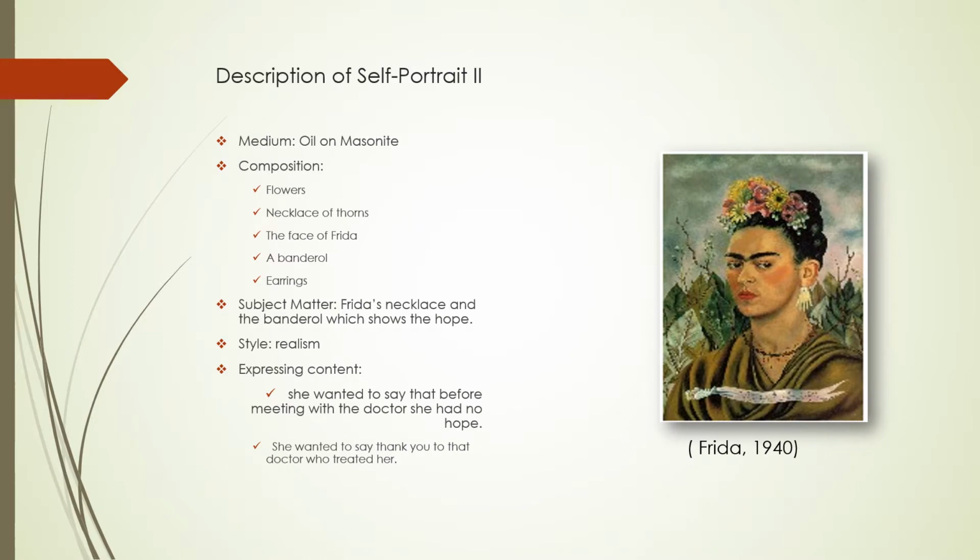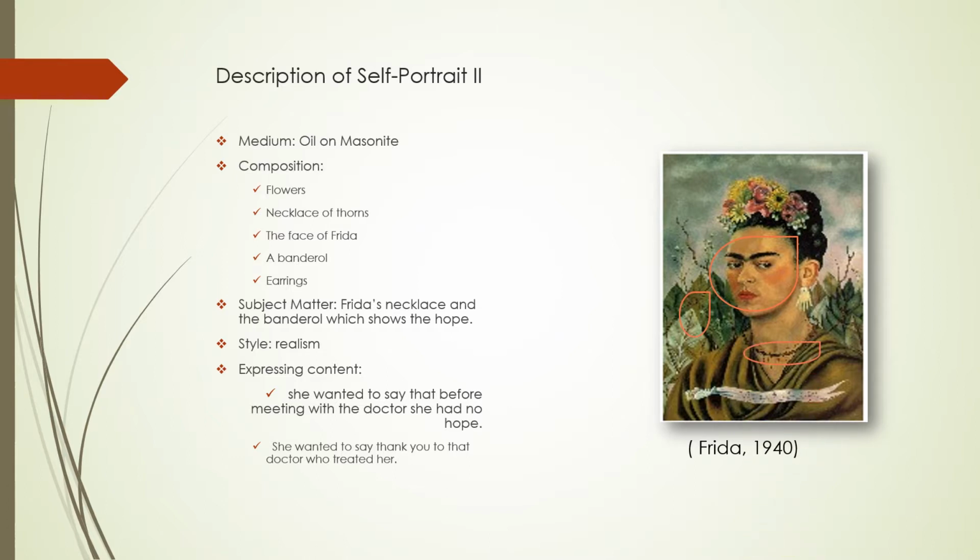I'm going to give the description of the painting of Frida which is called Self-Portrait, starting from the medium. The medium is oil on masonite, and in the composition, there is the face of Frida, which shows that she was talking about herself. There are the lips.